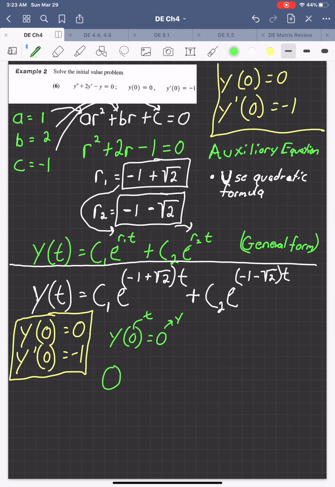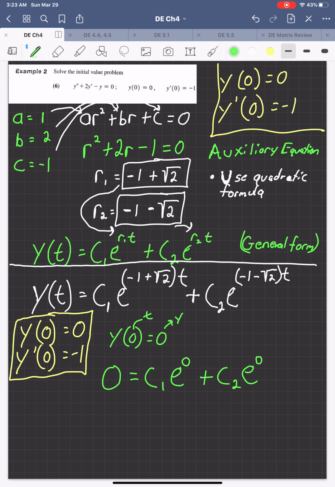So I have 0 is going to be equal to c sub 1 times e. Now, do you agree with me? I think I can make this a lot easier. Do you agree with me that when I plug 0 in for t, the entire exponent zeroes out, so that's e to the power of 0, plus c sub 2, and again, plugging 0 in for t causes the entire exponent to zero out.